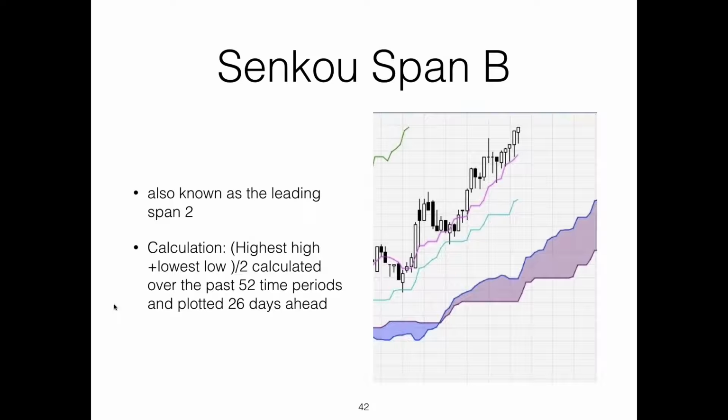Now the Senkou span B is also known as the leading span 2. It is calculated by taking the highest high plus the lowest low divided by 2, calculated over the past 52 time periods and plotted 26 periods ahead.